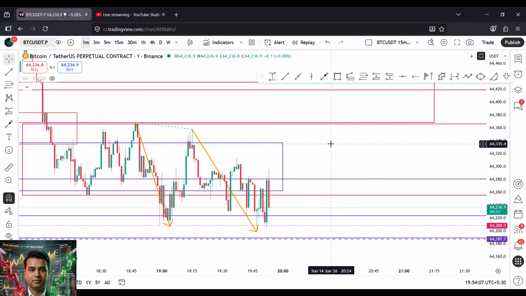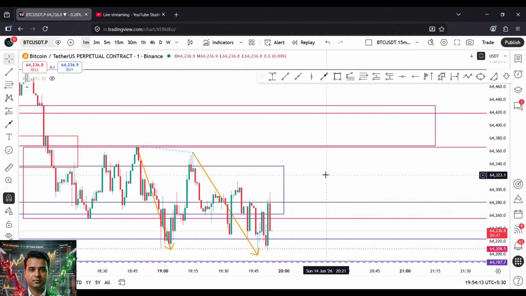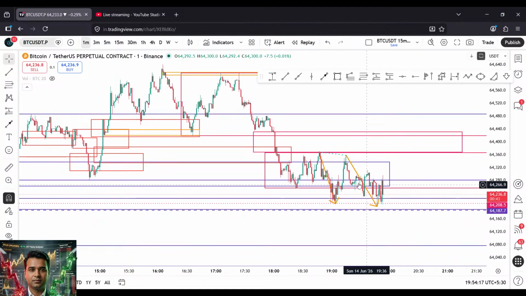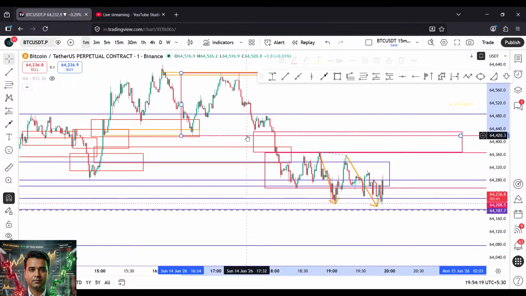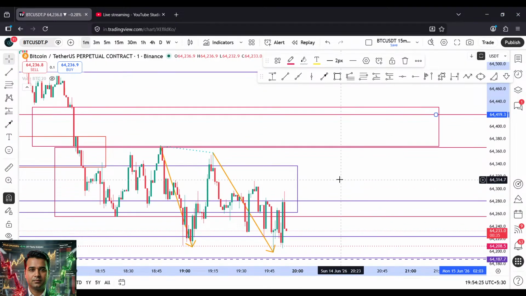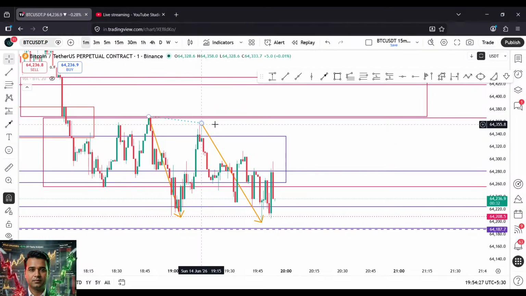So if price goes up and engulf this area, then we will look for price to go upside the zone above this, somewhere this zone, inside somewhere this zone. But before that, we are still playing from this to this, from this range to this.